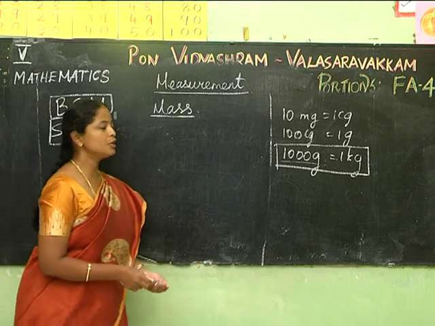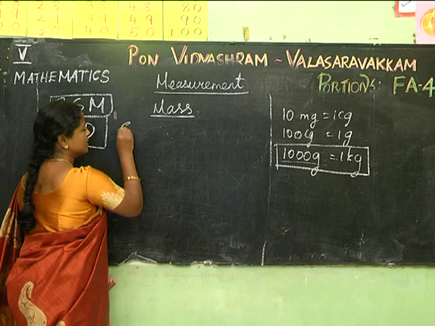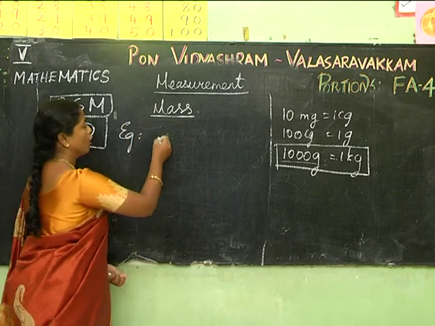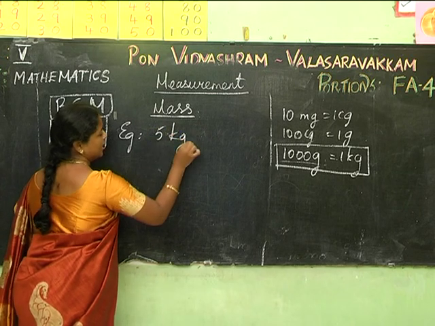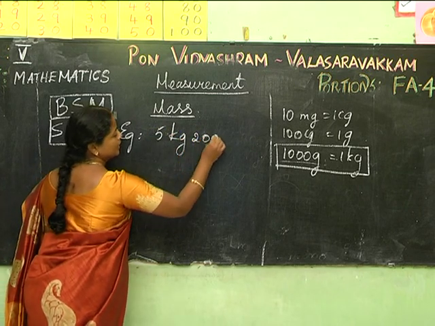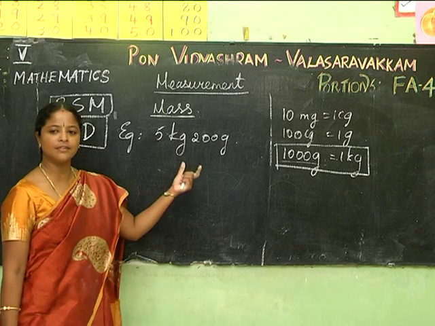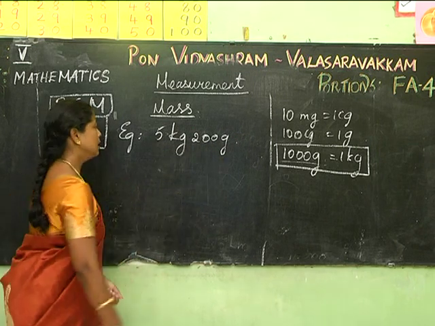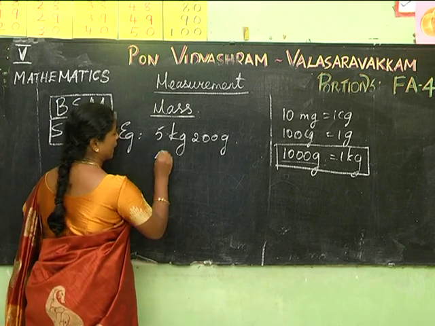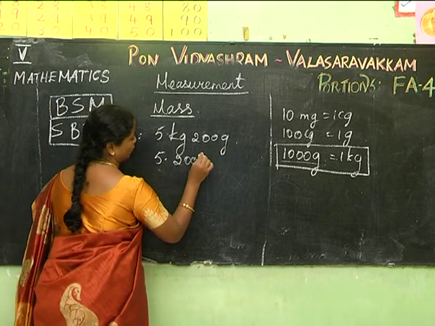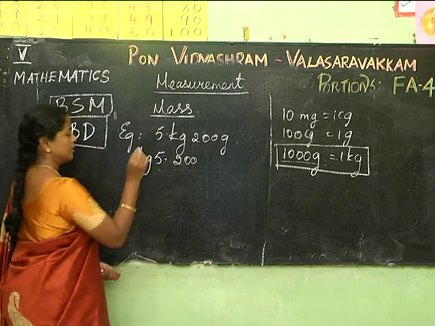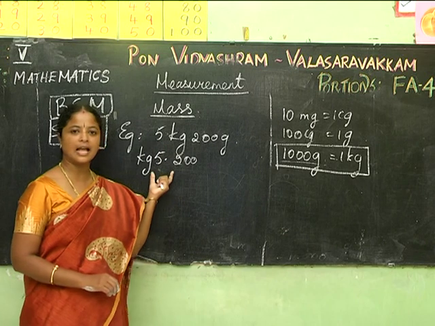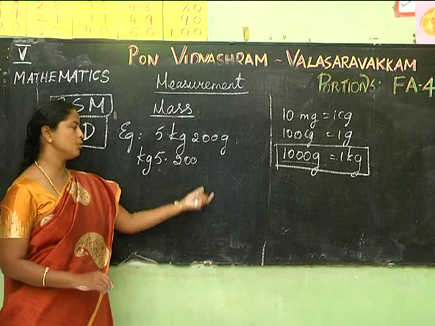Now if I am going to purchase rice, I am purchasing rice of 5 kgs and 200 grams. Now I have to convert this 5 kgs 200 grams to grams. I can write this as 5.200 kg.